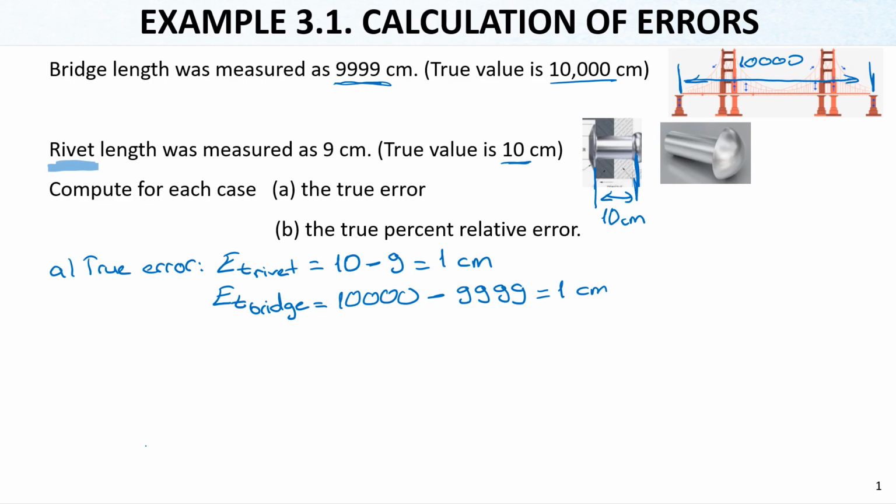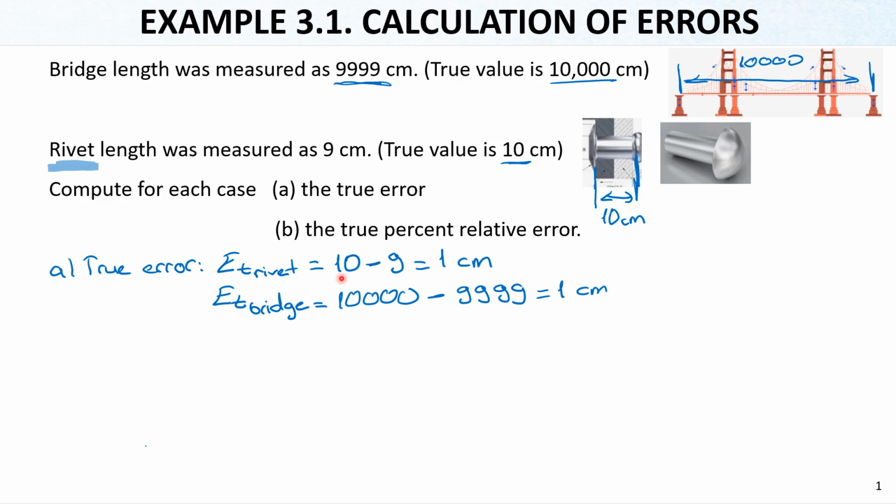But when we look at the magnitudes, the rivet is in the magnitude of 10 and the bridge is in the magnitude of 10,000s. So having a 1 centimeter error in a magnitude of 10 and a magnitude of 10,000 is relatively very different. Here we actually made a very good measurement. Or if we manufactured this with this value and expected this one, we did a good job.